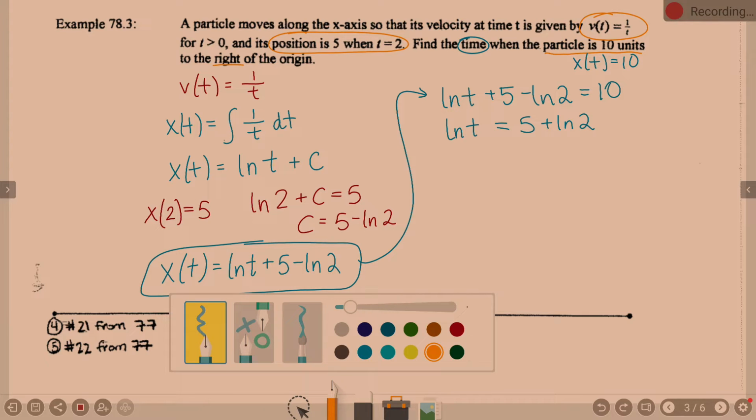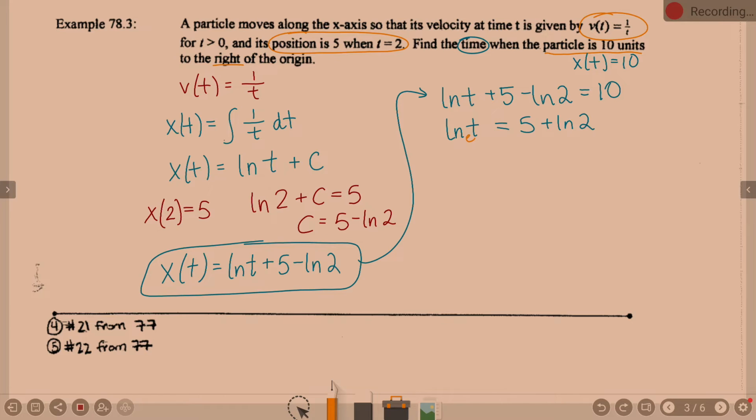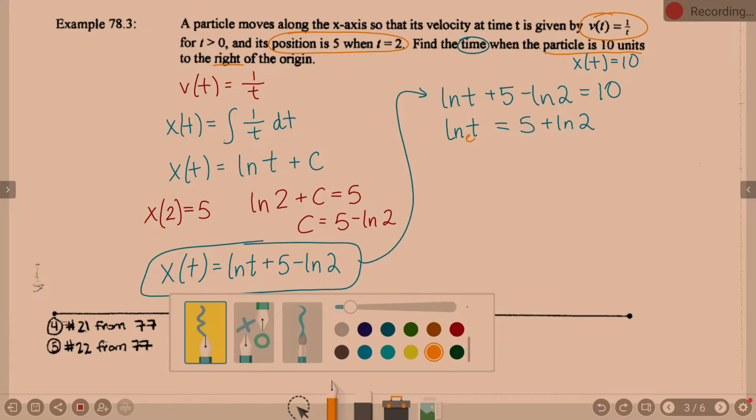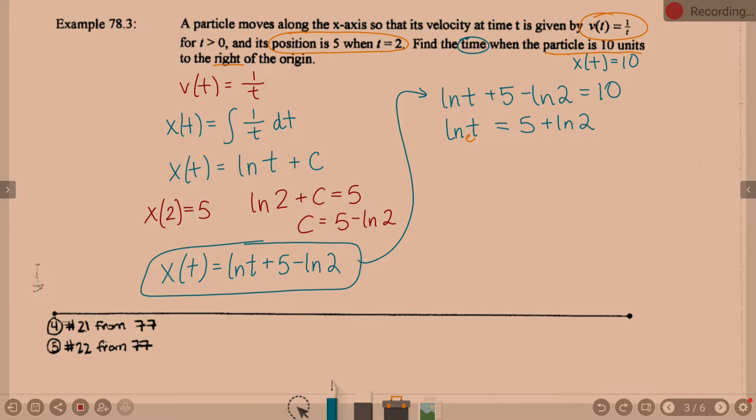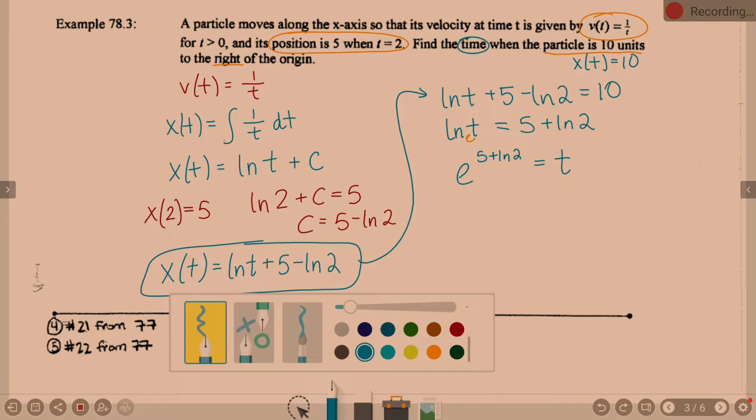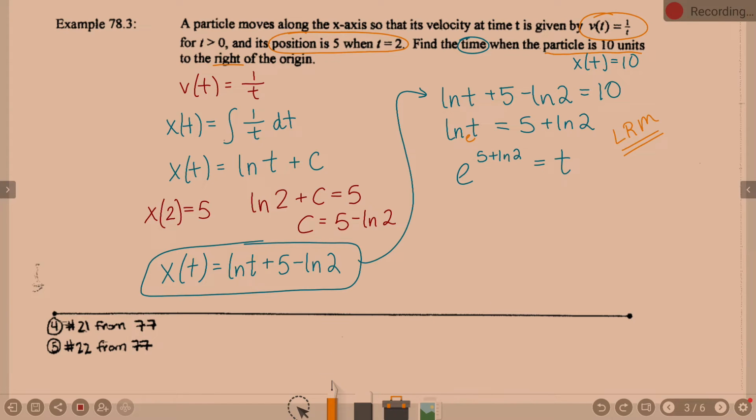Need these algebra 2 steps here, guys. There's an invisible e there, isn't there? Natural log is base e, so there's an invisible e. And so you can indeed think left, right, middle. So e to the 5 plus natural log of 2 is equal to t. Need your reminder of left, right, middle. There you go.